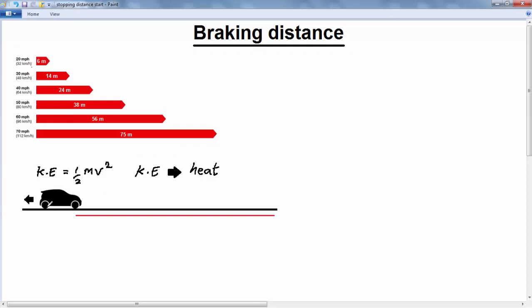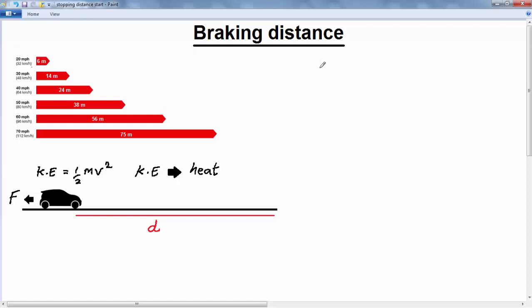So we can say that what the brakes are doing is applying a braking force. We call that braking force F, and they will apply that braking force over some distance d, which is the braking distance. So the brakes are doing work to change that kinetic energy into heat energy.